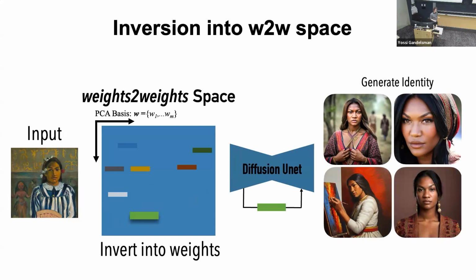And now when you sample from this model, you basically supervise that the weights will live in the weights of human identity. So you will sample an image that somehow resembles the initial image, although it's out of distribution and it's not a real person.